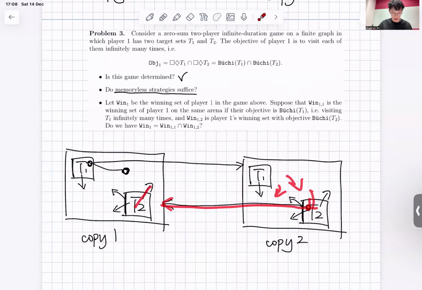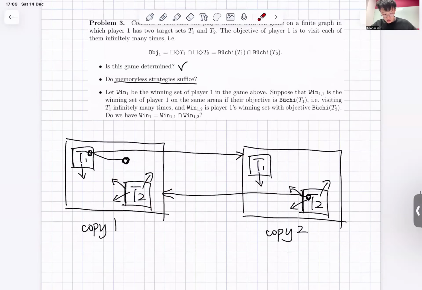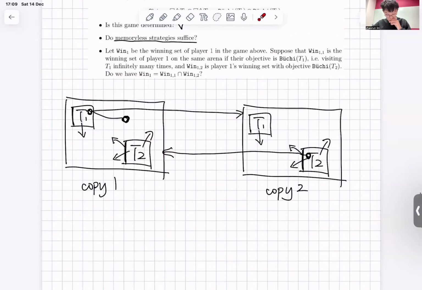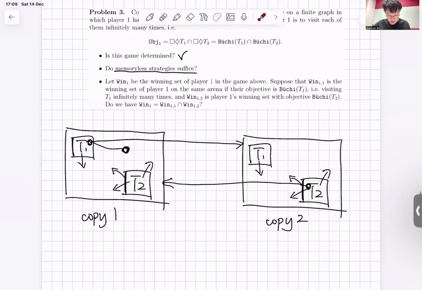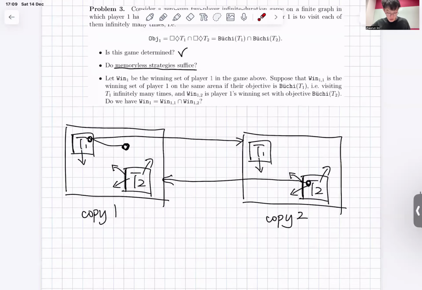And then from copy 1, we keep on finding a vertex in T1, and it keeps on going. So in this way, we will find a winning set that can visit T1 and T2 infinitely many times.